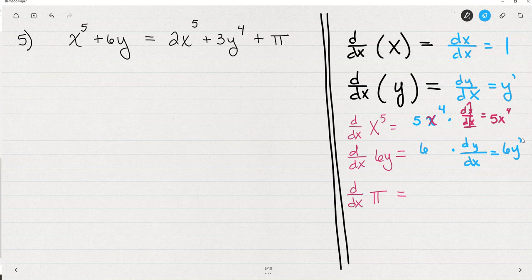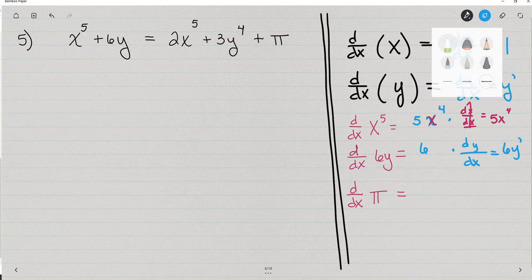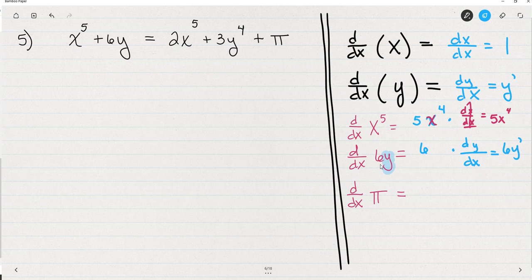When these don't match, I have to apply the chain rule. I have to show that that's times the derivative of y with respect to x, which is not a 1, so I do need to write it. The simpler way of writing it is y prime.